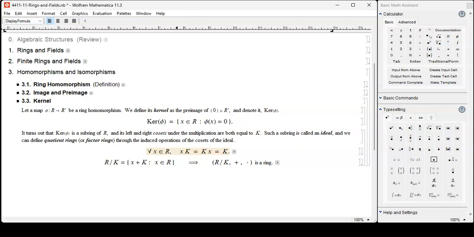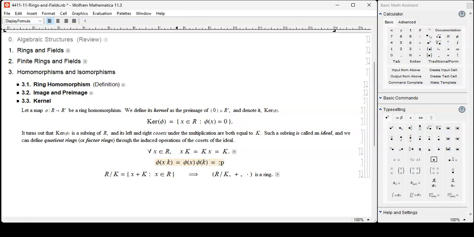And the proof is actually pretty simple because what are the arbitrary elements of this coset? An arbitrary element is of this form, x times some element k of K, right? And then, does it belong to the kernel? You can check. Phi of that is phi of x times phi of k.